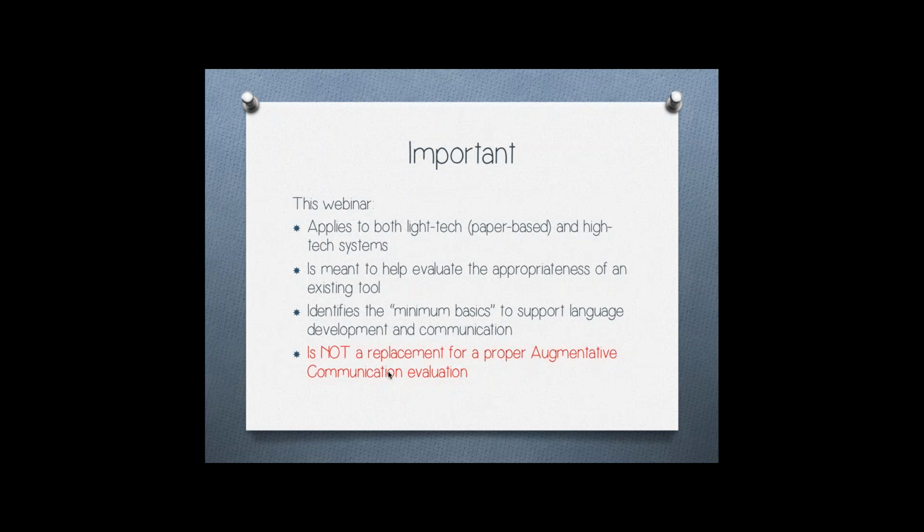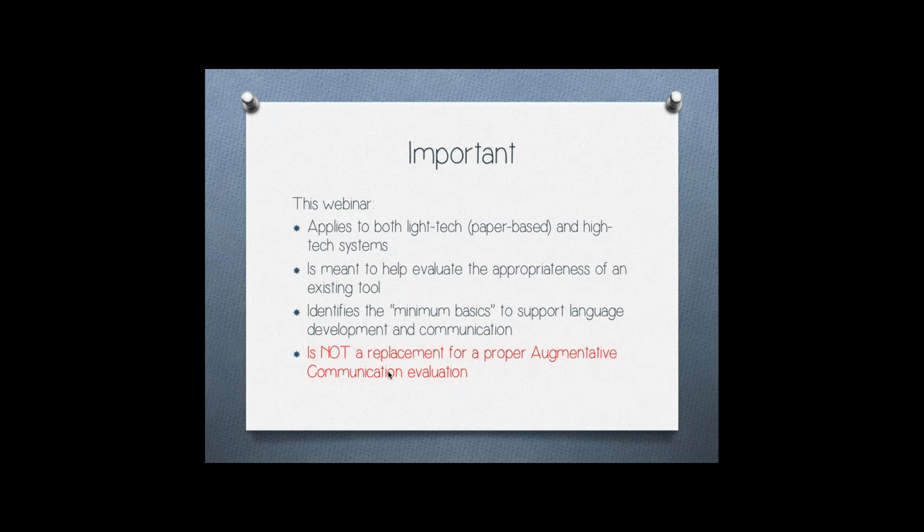So they're being matched with an app based on what's available in the district or what the speech pathologist is familiar with. So then I'm regularly having to look at the tools that have been selected and see if they're sufficiently able to support this child's communication.